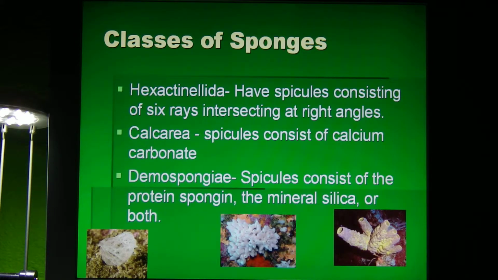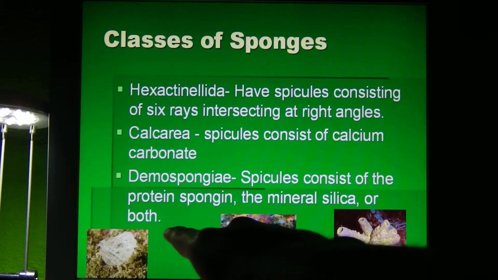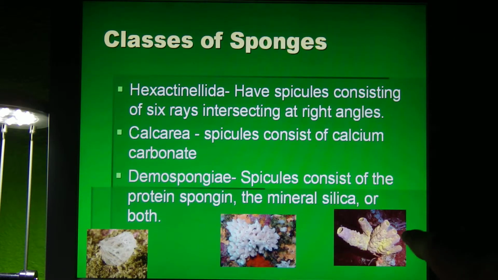And then we have the Demospongia, which has spicules consisting of the protein spongin, the mineral silica, or both. And in the bottom left corner, you can see a picture of the Hexactinellida. Then in the middle is the Calcarea, and then on the right is the Demospongia.